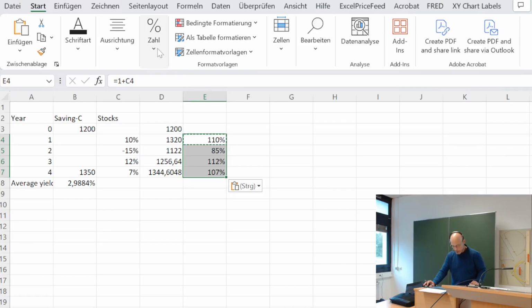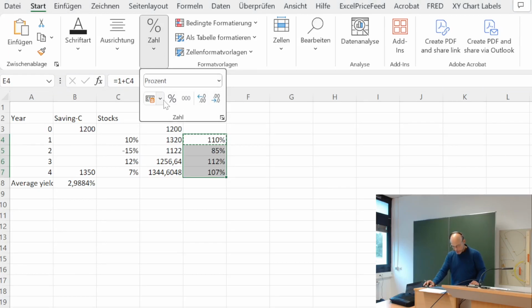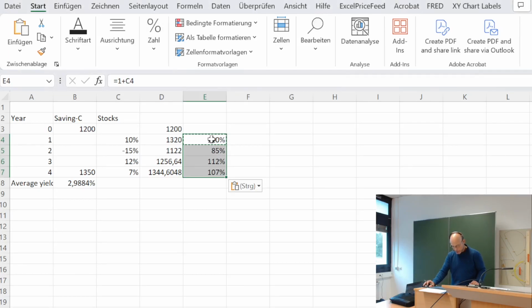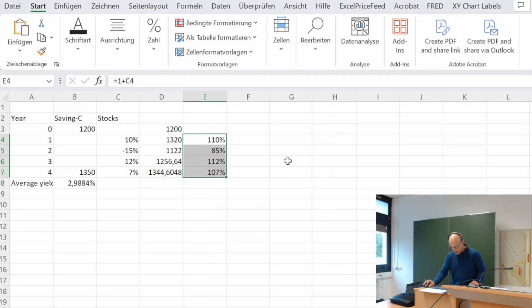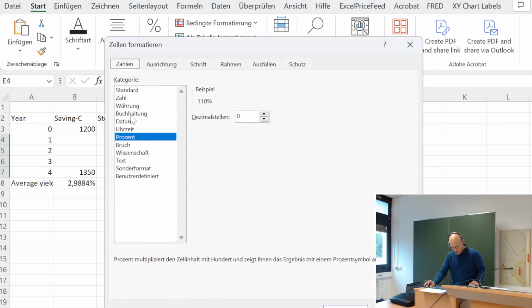This is not that nice if we take this in percentage, so let's change this to normal numbers.